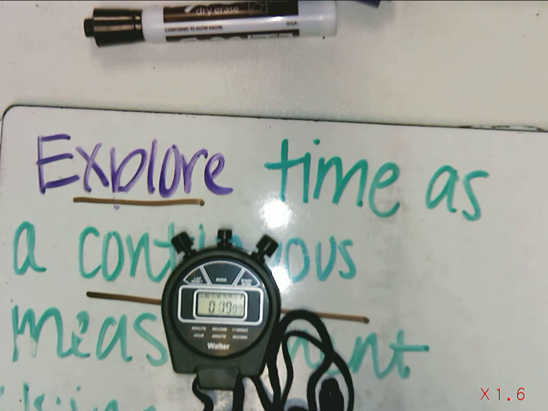We can count by 10. So 10. 20. 30. Man, this minute is feeling like a very long time. I bet it's feeling pretty long for you right now, too.